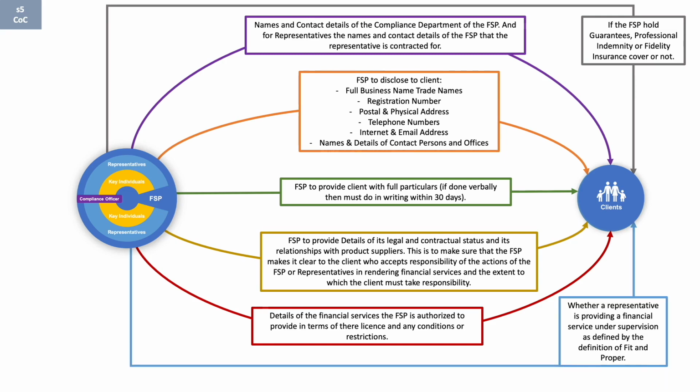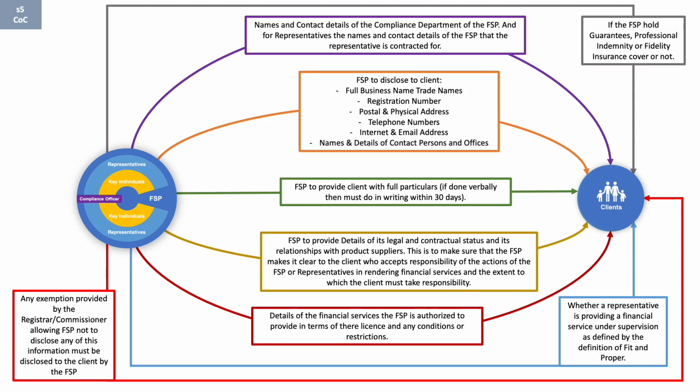The FSP is to disclose whether a representative is providing and/or rendering financial services under supervision as defined by the definition of fit and proper requirements. Any exemption provided by the registrar allowing the FSP not to disclose any of this information must be disclosed to the client by the FSP.